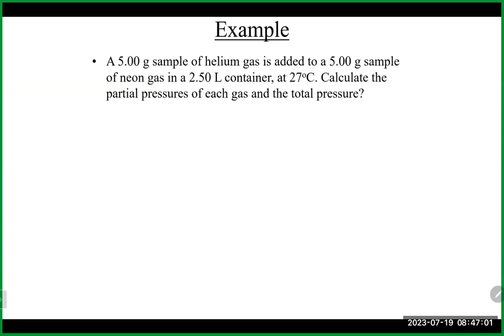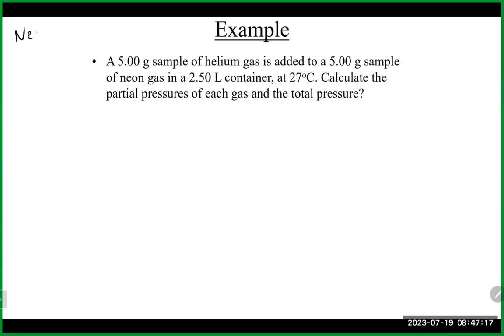All right, I've got 5 grams of helium and 5 grams of neon in a 2.5 liter container at 27 degrees. What are the partial pressures of both gases and what is the total pressure? In atm is fine.